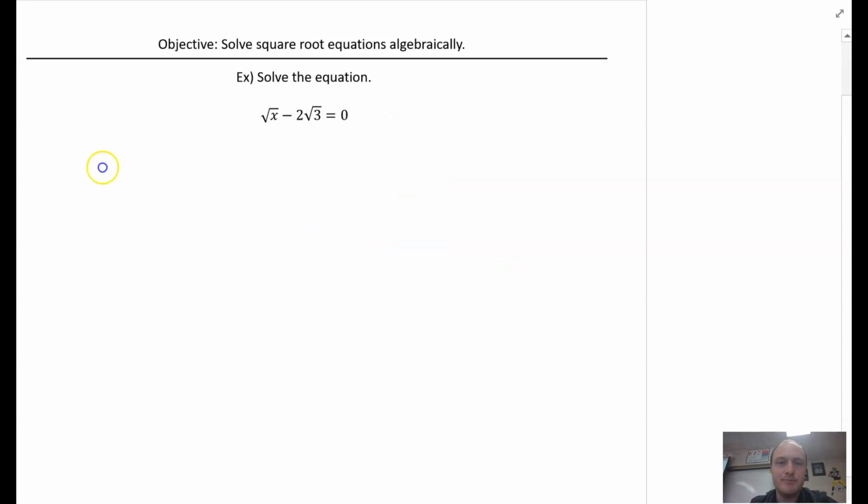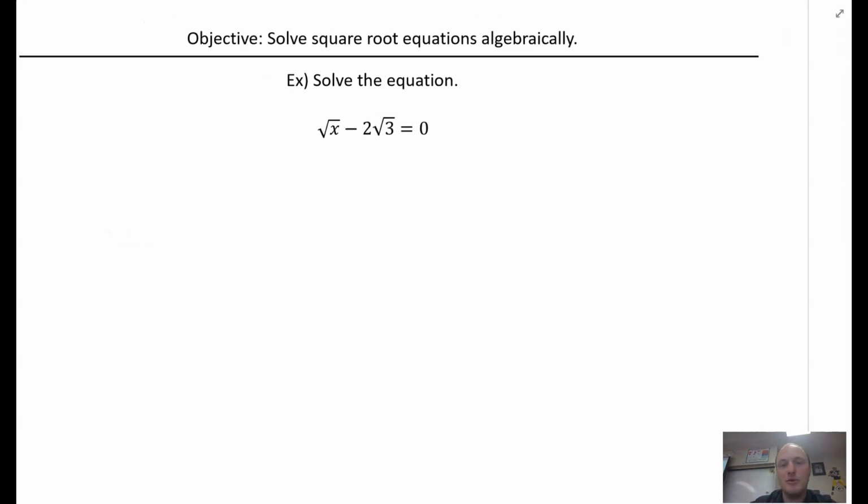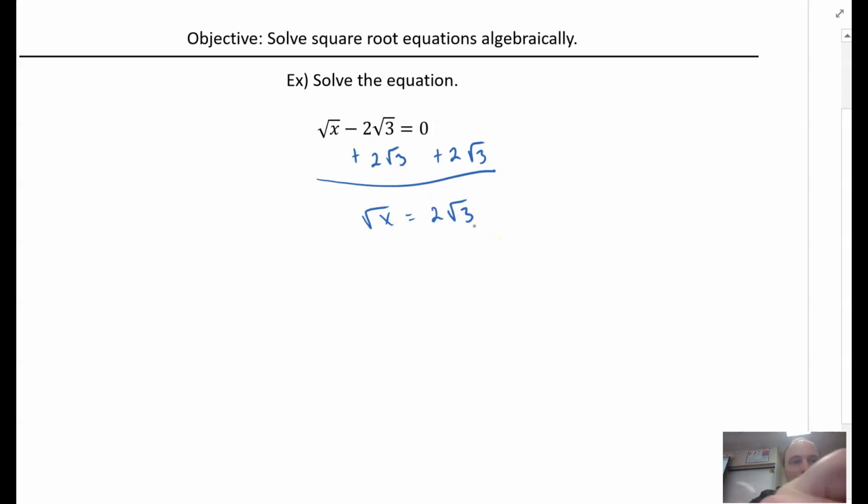Here's example 2. I have the square root of x minus 2 root 3 equals 0. Well, again, to solve this, I just want a radical on each side. So I'll add 2 root 3 to both sides to isolate the radical. So we get the square root of x is equal to 2 square root of 3.